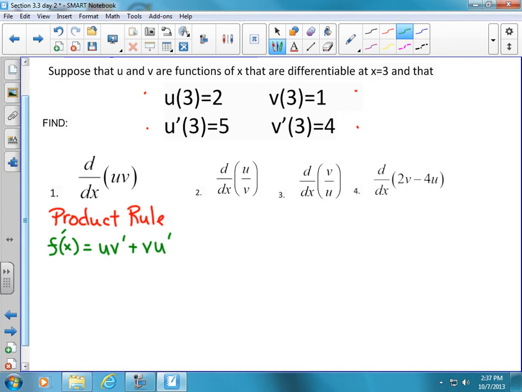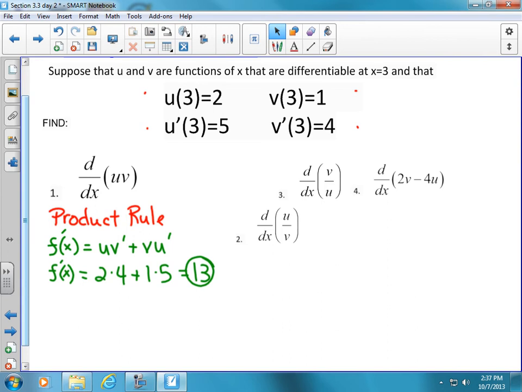So we know all those values because they're right up here above the problem. So the derivative at x equals 3: u, which is 2, v prime, which is 4, v is 1, and u prime is 5. So 8 plus 5 equals 13. That's the answer to number 1.